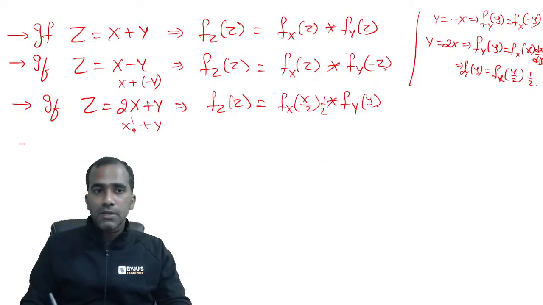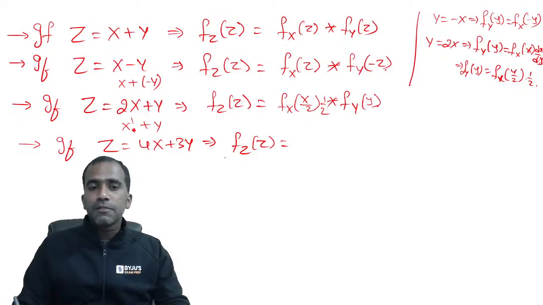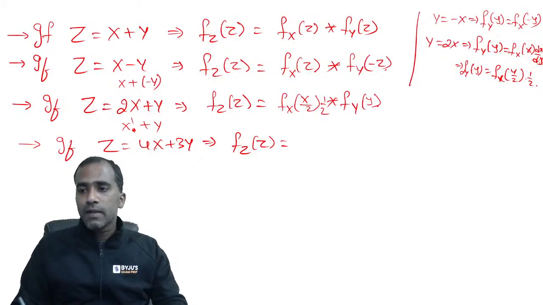Similarly, I'll ask you one more. Let's see. 4x plus 3y. How about that? If you can tell this, you have understood this very, very clearly. How about the PDF of z? So 4x, look at it as x dash, and 3y, you will look at it as y dash.